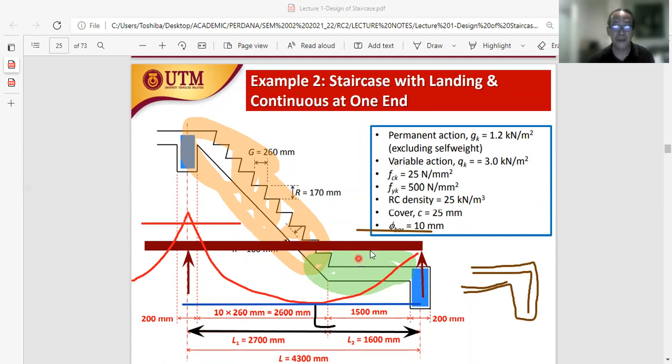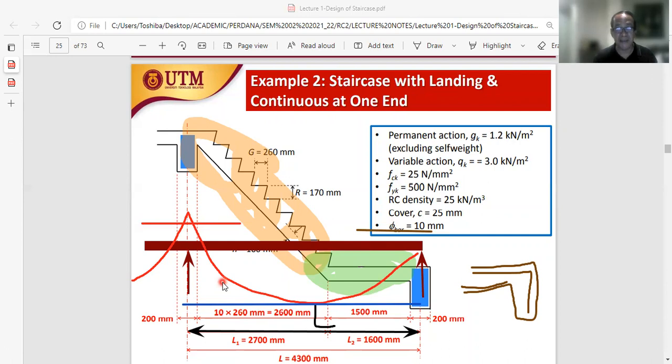So basically, we are looking at this layout or schematic. We have a beam, we have a staircase that can be represented as a continuous beam, and this continuous beam represents the end span of a continuous beam.